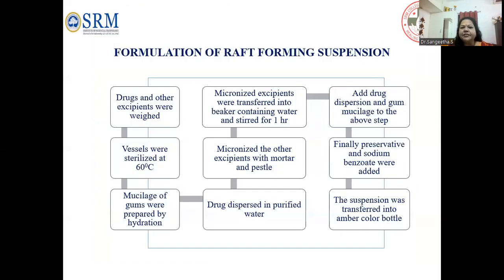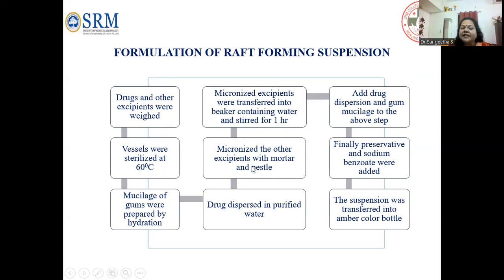And this is the preparation method, that is how the raft-forming suspension is prepared. The drug and the excipients are weighed initially, transferred to a vessel and sterilized at 60 degrees centigrade. The mucilages of the gums were prepared by the hydration method, that is, addition of water. Then the drug was dispersed in the purified water.